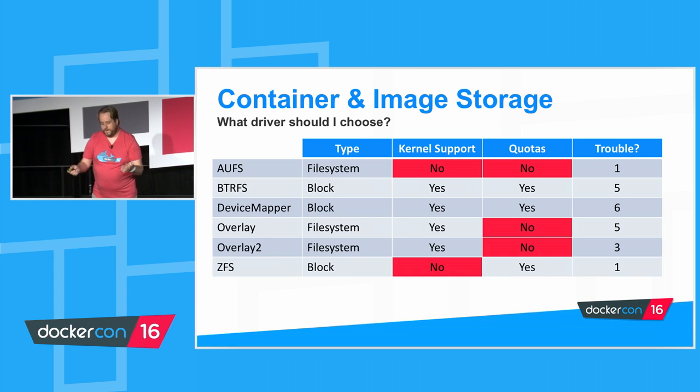So you might not be out of disk space, but your system is going to report that you're out of disk space because you're actually out of inodes. So if you're going to do the old overlay driver, you're probably going to provision the disk with essentially twice as many inodes as you normally would. Overlay 2 is able to get around this because kernel 4 allows specifying multiple lower layer directories.